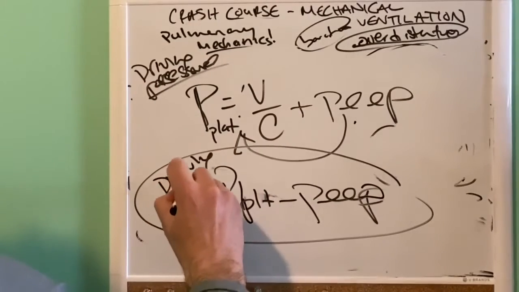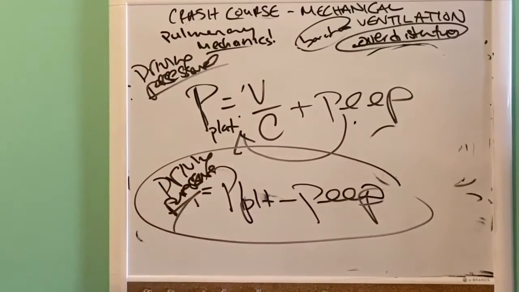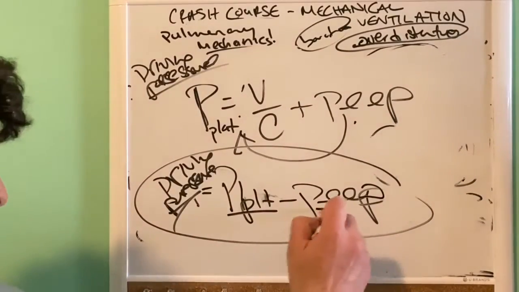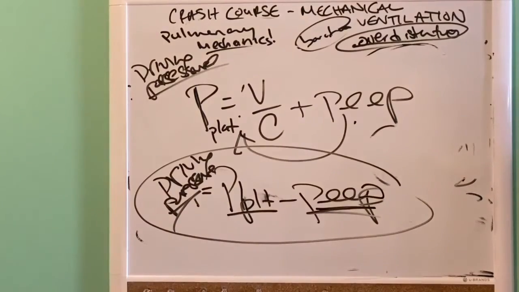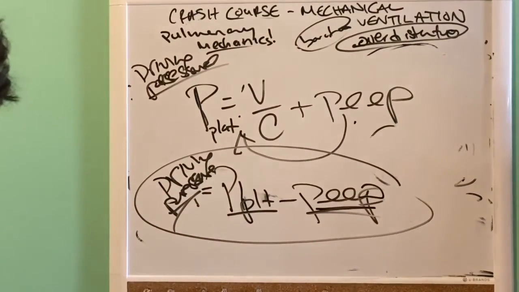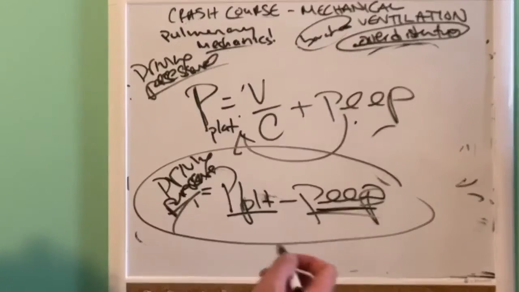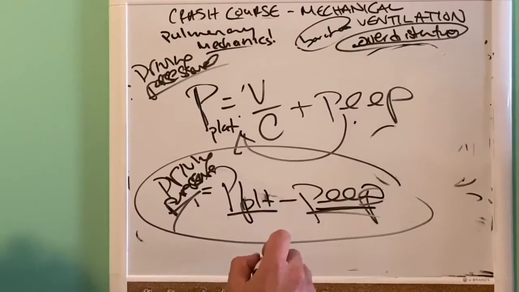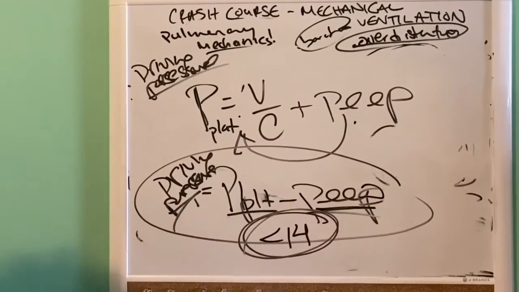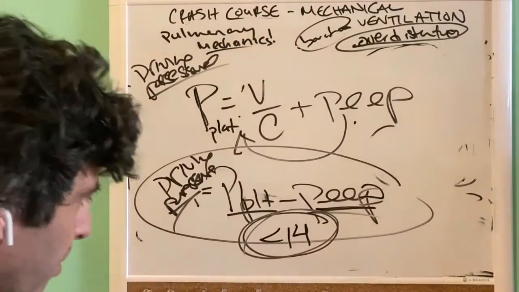So you can easily, especially after your patients are intubated, do an inspiratory hold, get your plateau pressure, and see what your PEEP is. If I ask you what the driving pressure is, you can tell me or report that. Generally, this is just a loose guide: under 14 is generally considered better compliance.